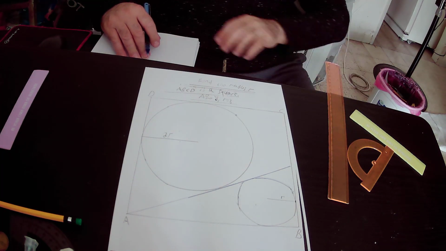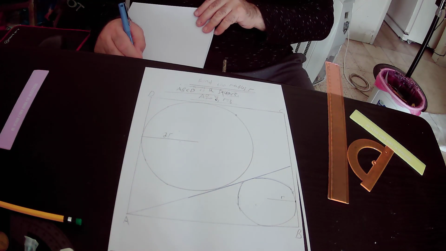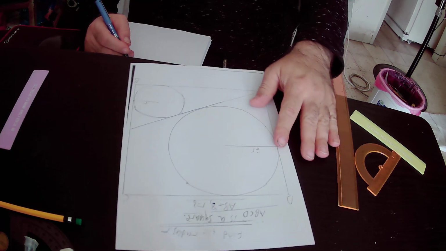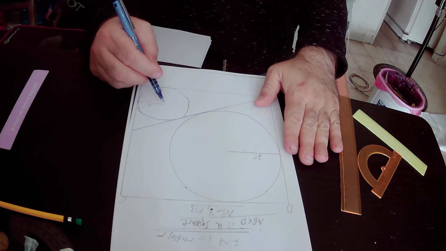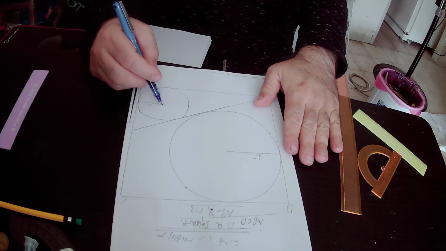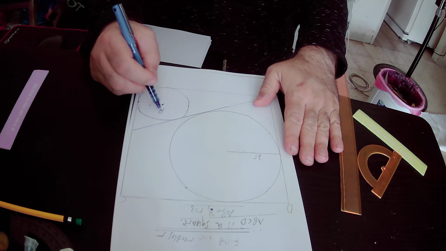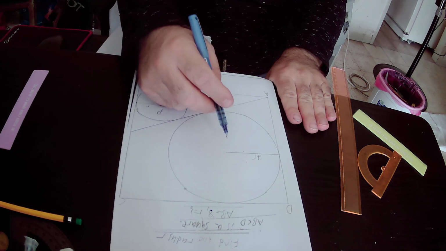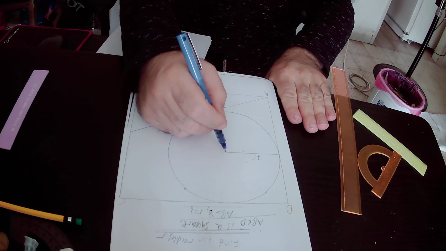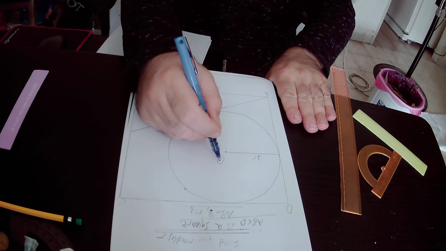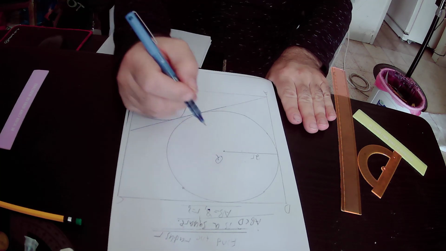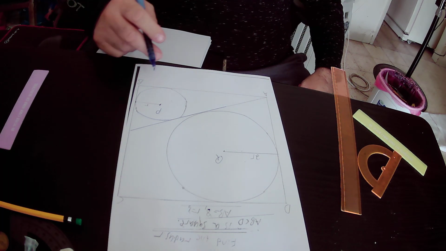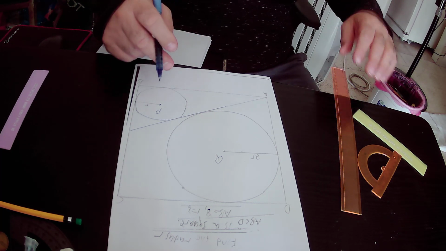So, in the next step, we will define the center of this small circle as point P, and we will define the center of this big circle as point Q, and we will join together points A and P by a straight line.